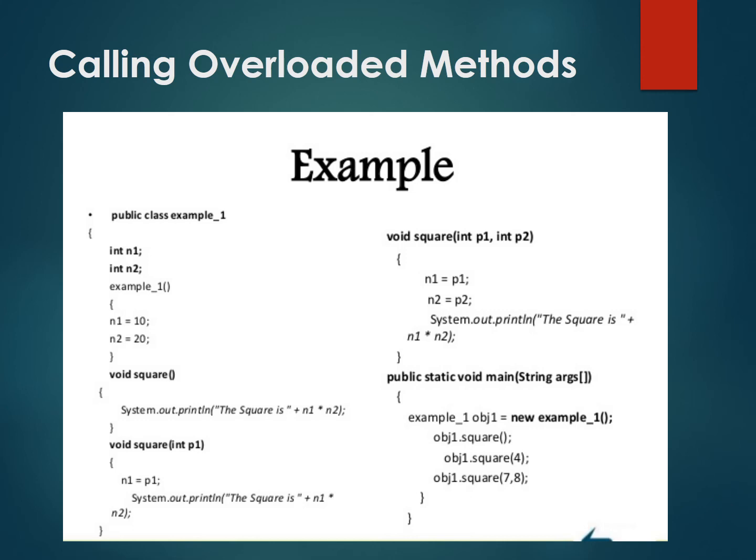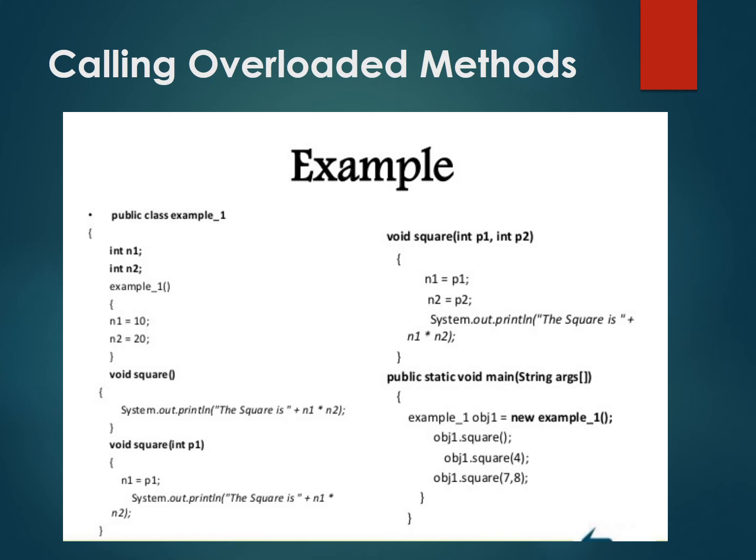Therefore we have created the object of the Example1 class in the main method and the name of the object is obj1. This is a statement to create an object.